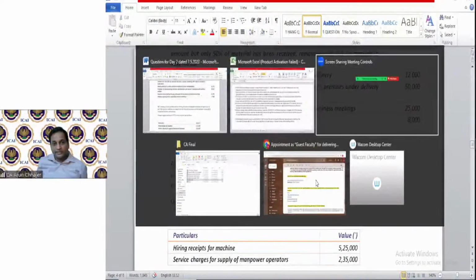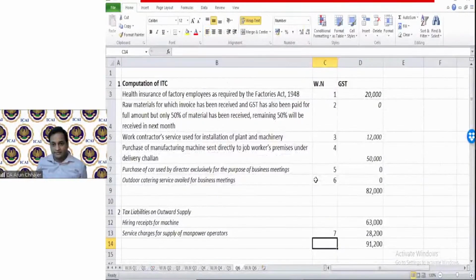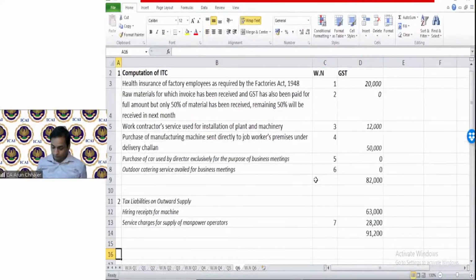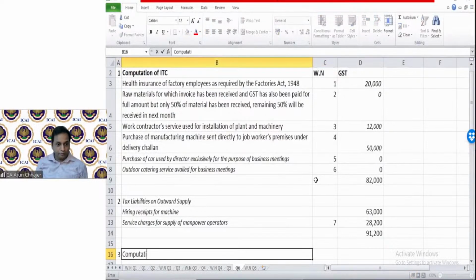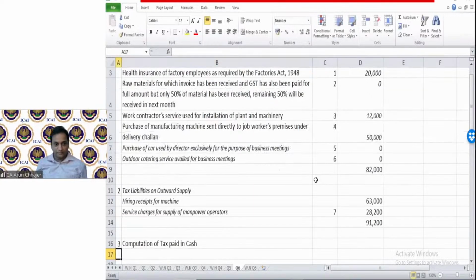So what is my total tax liability? 91,000. Now, computation of tax paid in cash.